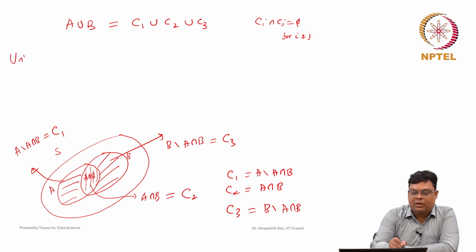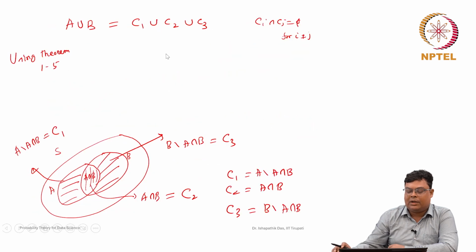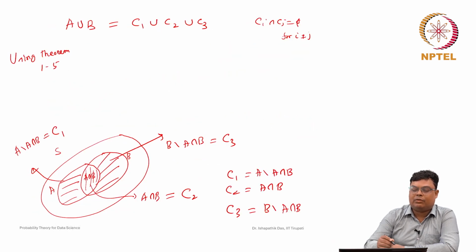So, using theorem 1.5, which applies to finite pairwise mutually exclusive events, we have this result.